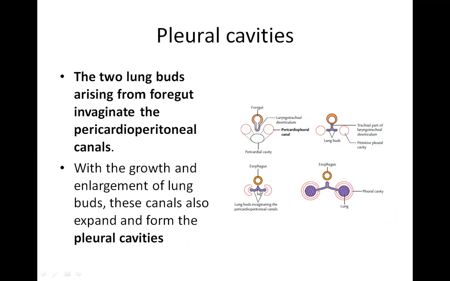Now because the lung bud is continuously growing, these lung buds will invaginate into these pericardio-peritoneal canals and they will expand, the lungs will expand and they will form these pleural cavities. It will form a space for itself. So this space is known as the pleural cavity.